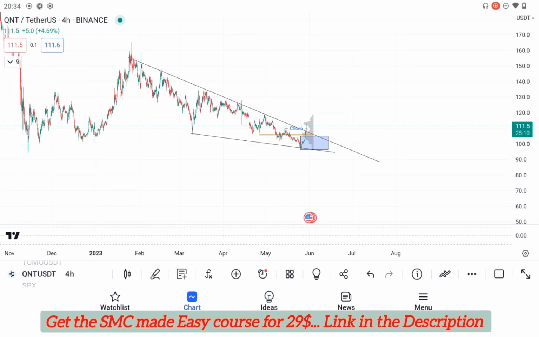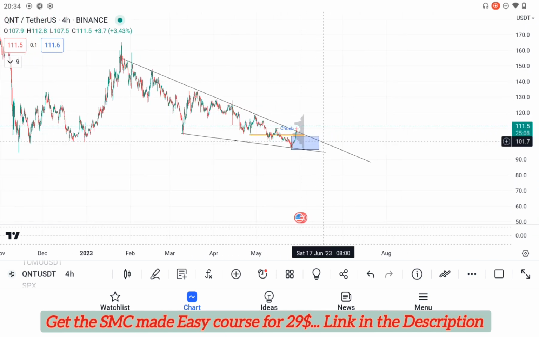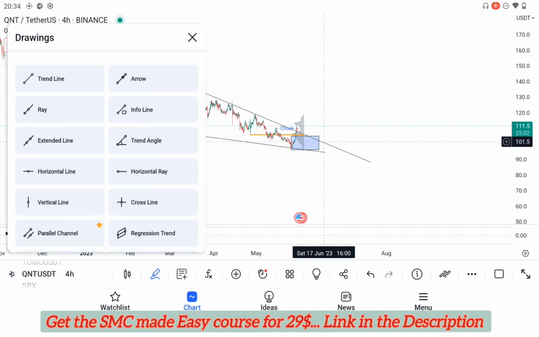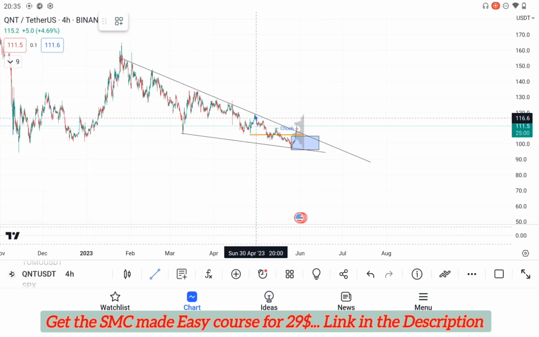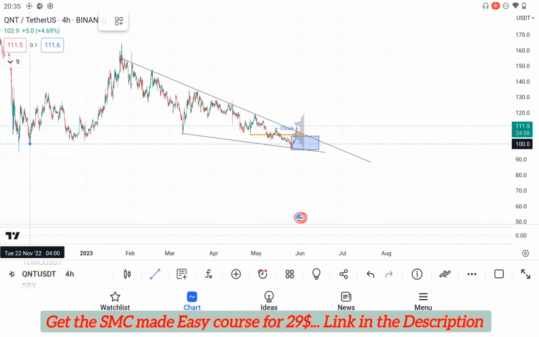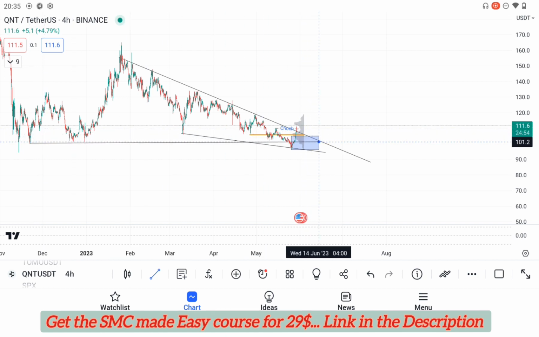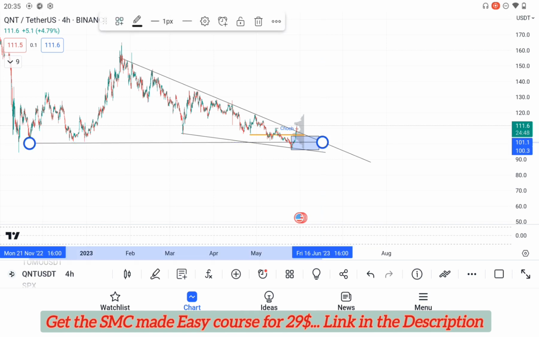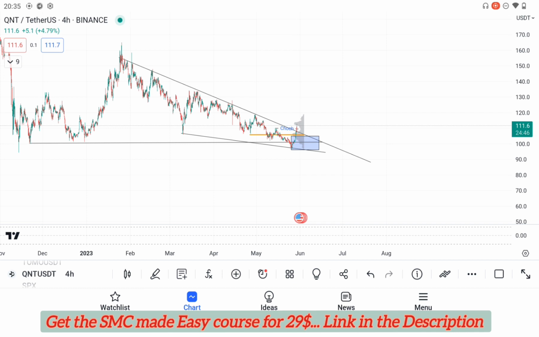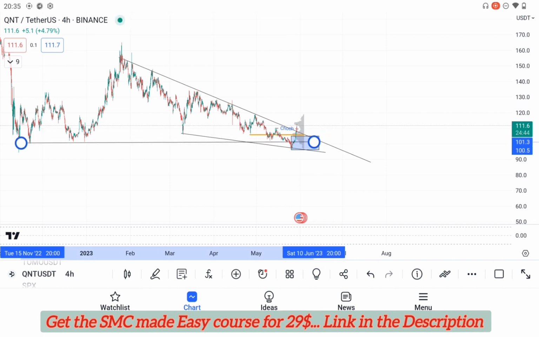As it stands, let's see what the major structure looks like. Major structure is looking something like this.